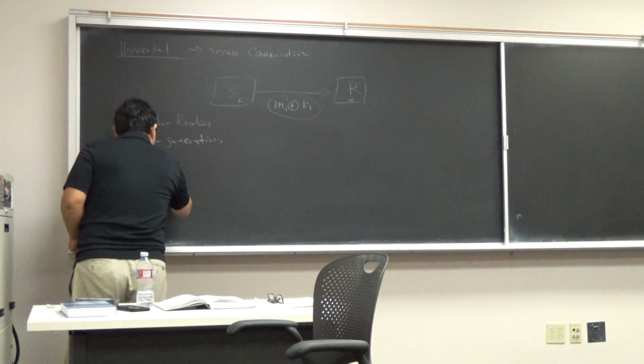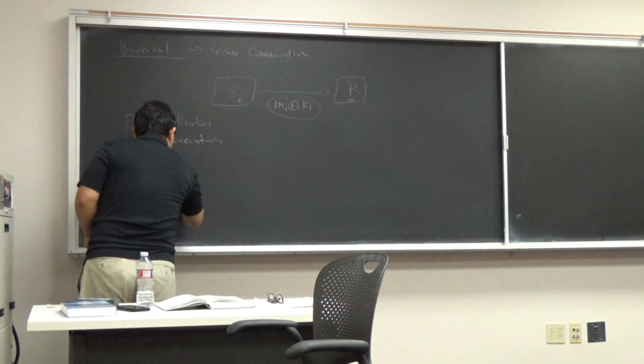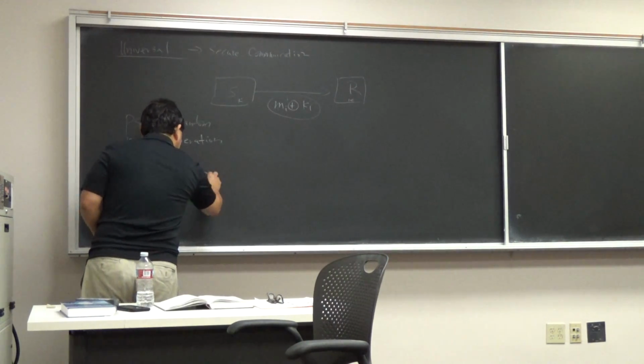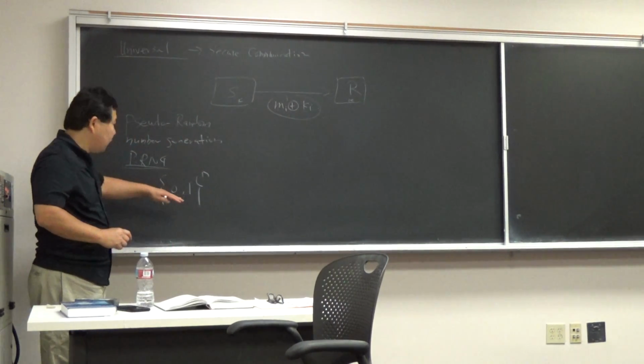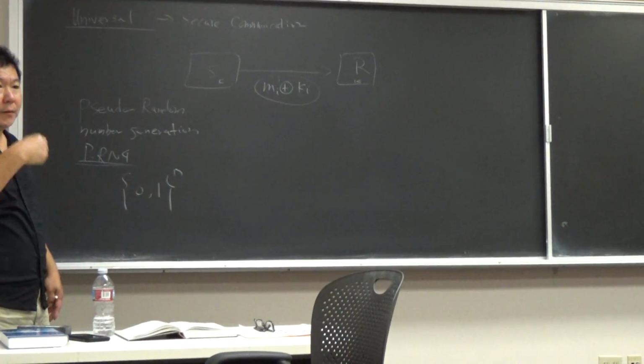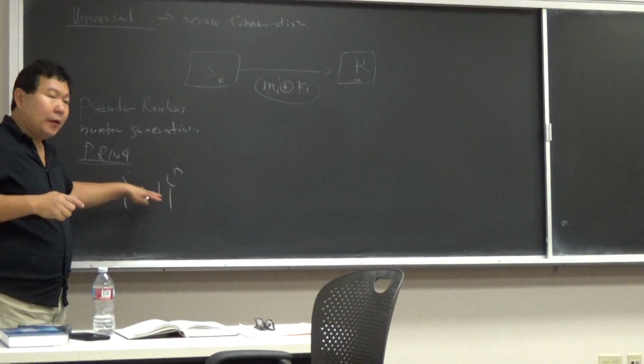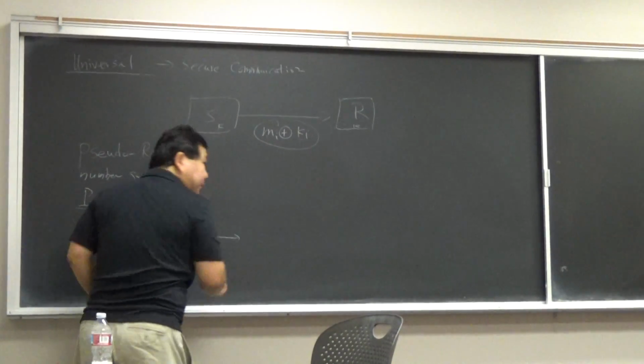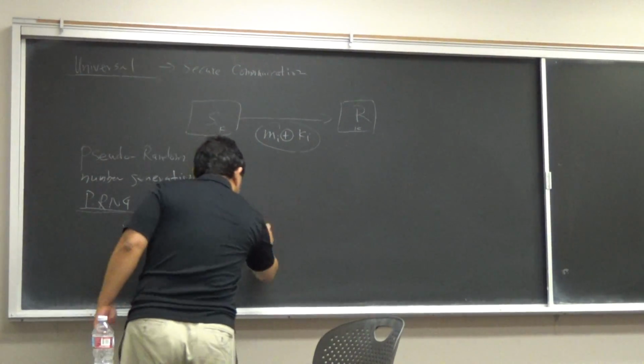In other words, imagine that we have a seed of length n, which means that all strings here will be chosen uniformly at random. Then we would like to map them into a bigger random seed.